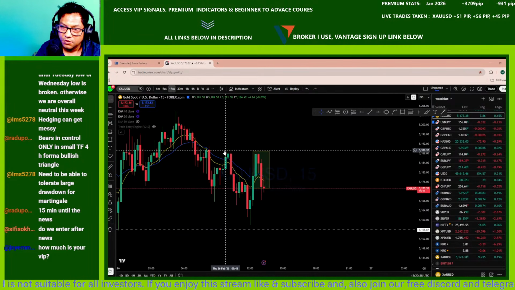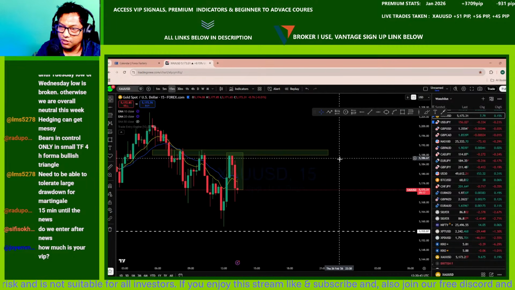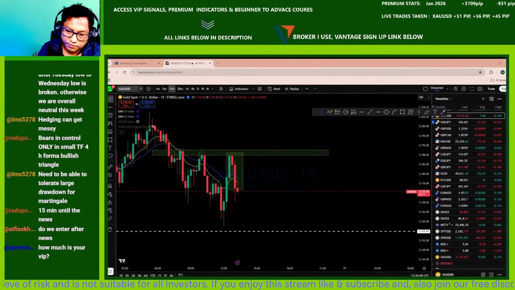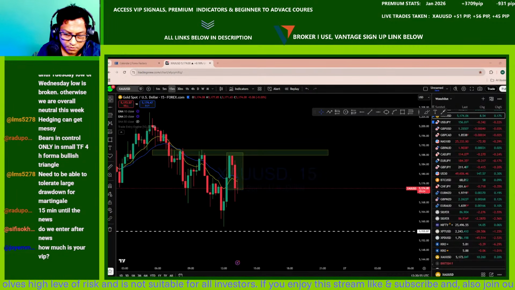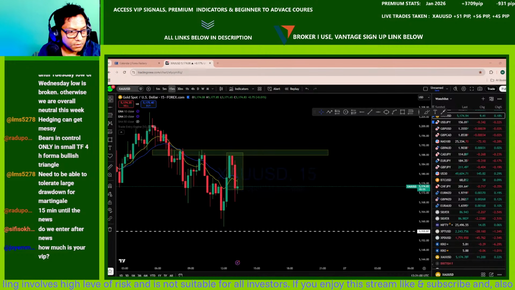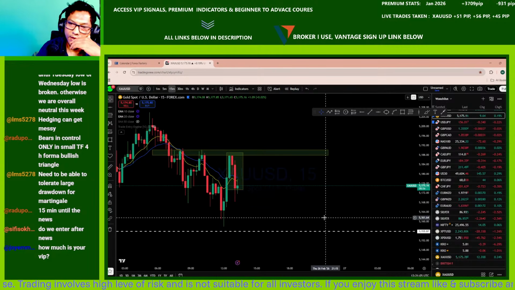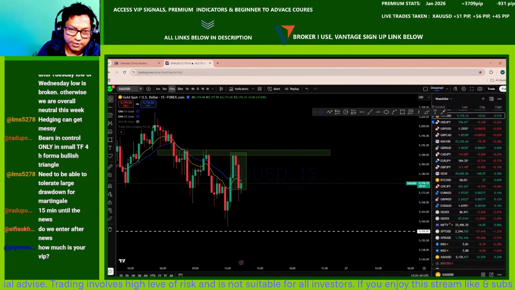Now this is a key level that you can see here. Here's the move. Then if you look at here, the market is in that area that we are looking at now.